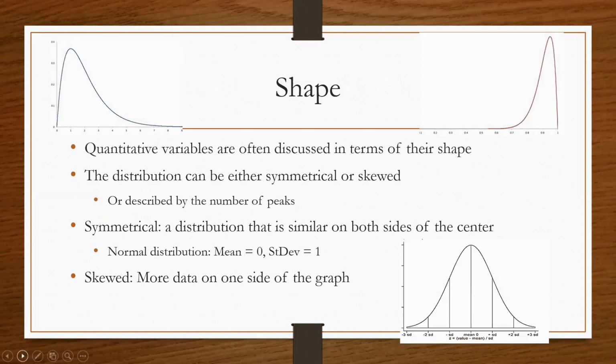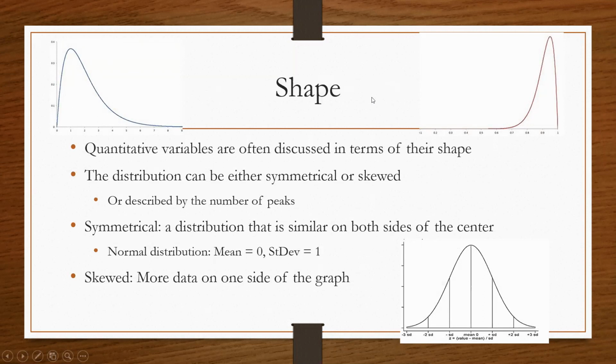So here we're going to be talking about the shapes of graphs. A lot of times the shape of a graph is how you can visualize how data is recorded. So usually the distributions are going to be either symmetrical, as the one down here, or skewed, as the ones up at the top.